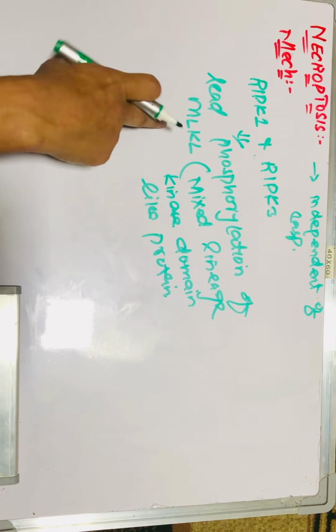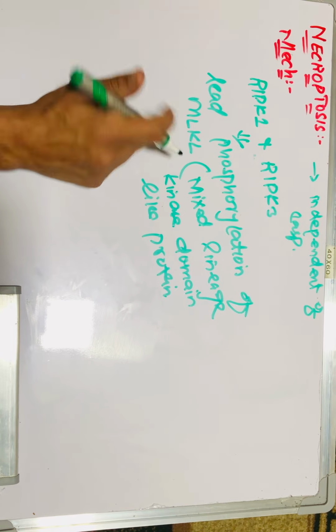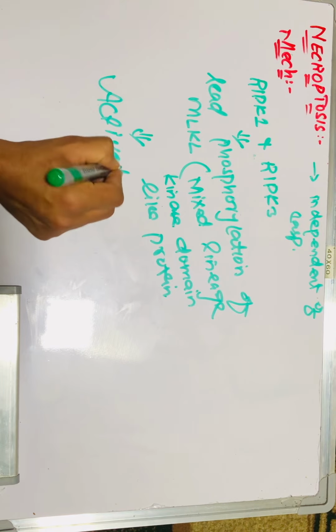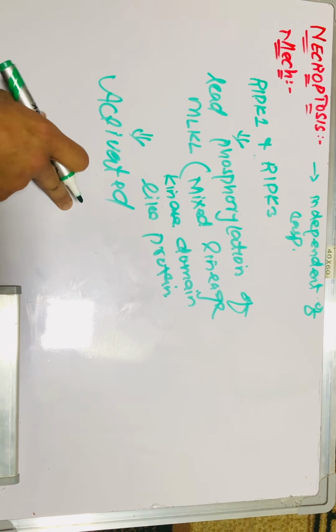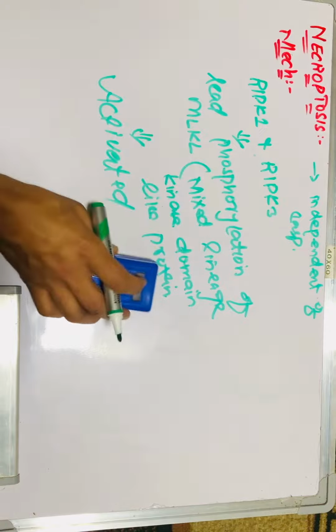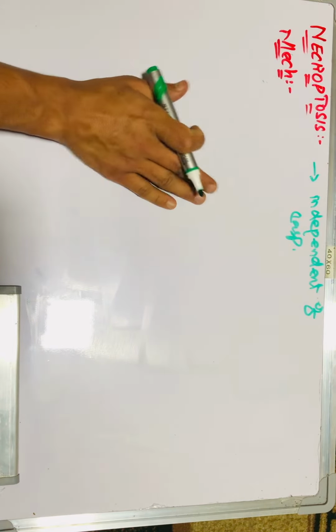As a result MLKL is activated, and this activated MLKL enters the plasma membrane and damages it.